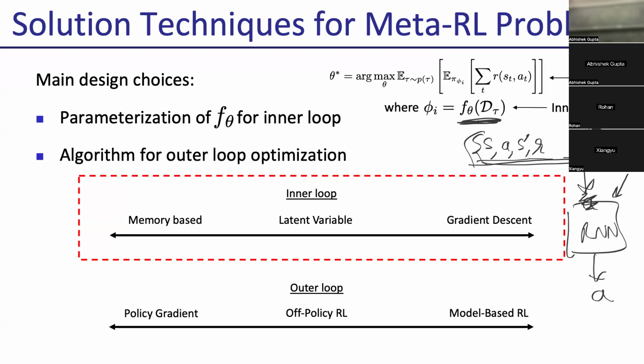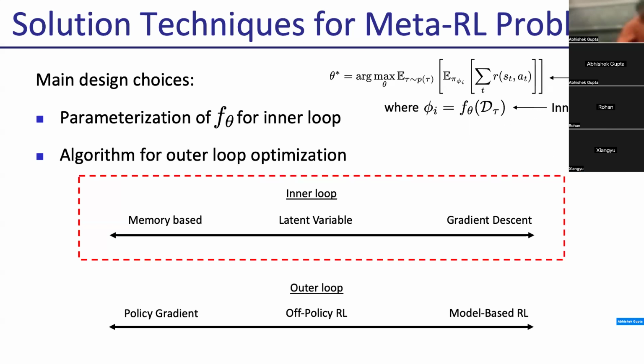Implicitly, this RNN is representing an improvement procedure, because you're saying, oh no, I took some suboptimal S, A, S prime, R's in the world, so my RNN is going to try to output a better A. This is an update rule that takes suboptimal A's and gives you better A's.